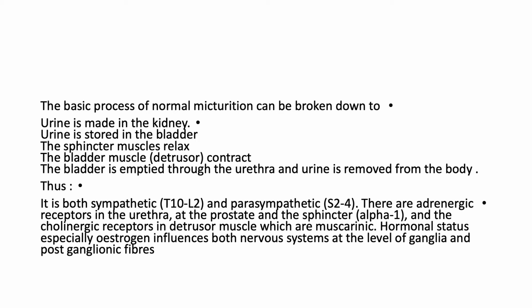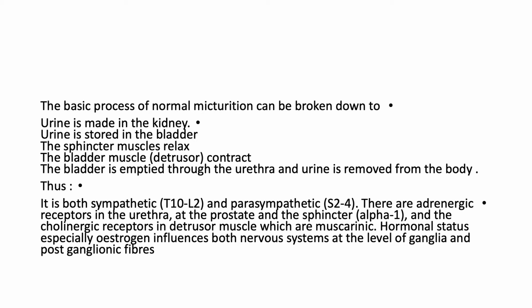So we can say that the basic process of micturition is that the urine is made in the kidney, and the urine is then stored in the bladder. And as we said, when the time and the place is appropriate, the parasympathetic supply will cause the bladder muscle to contract and the sphincter to relax, and it will be emptied.